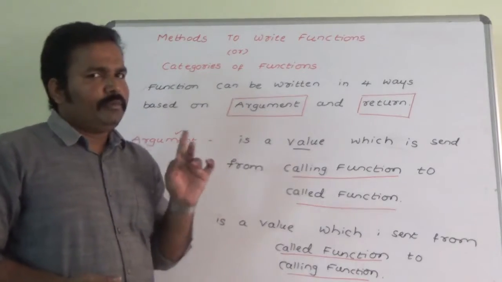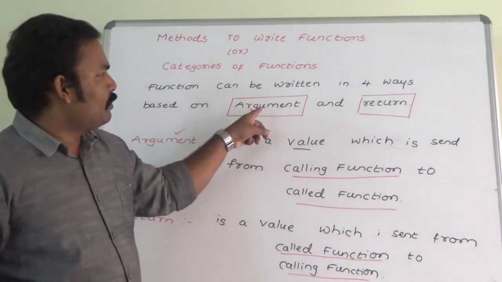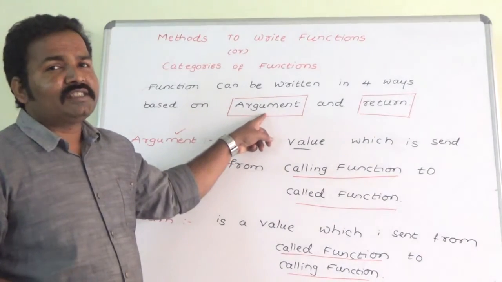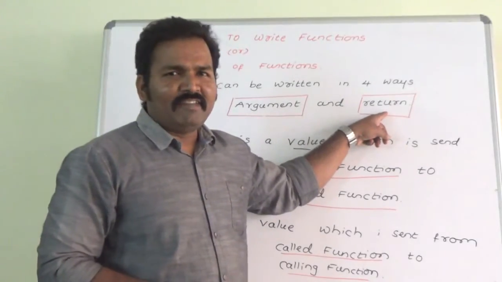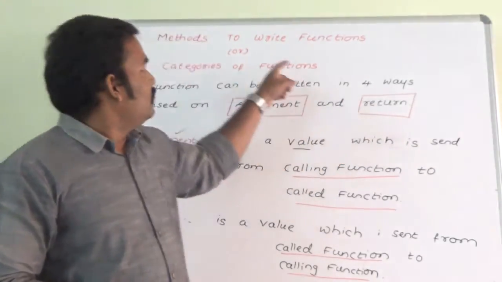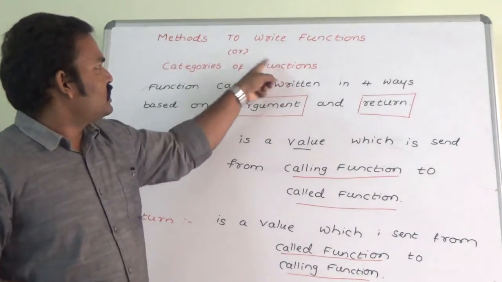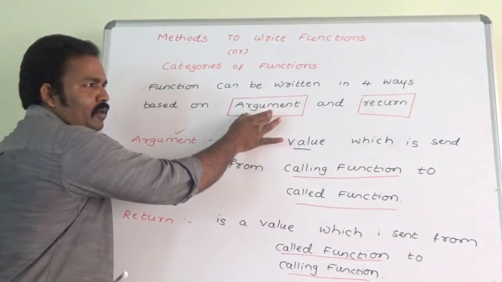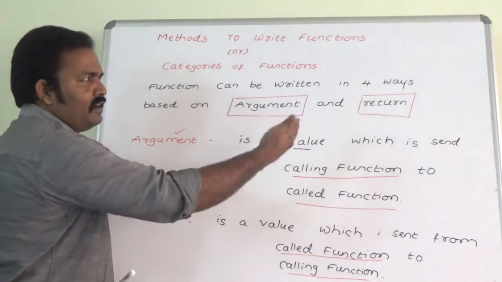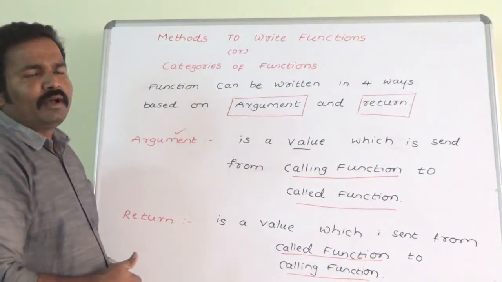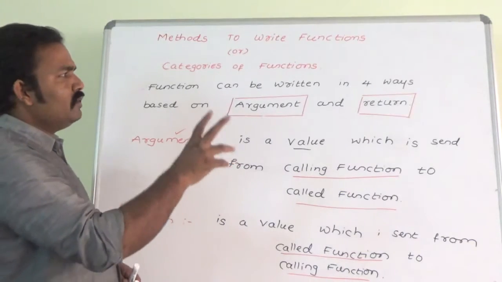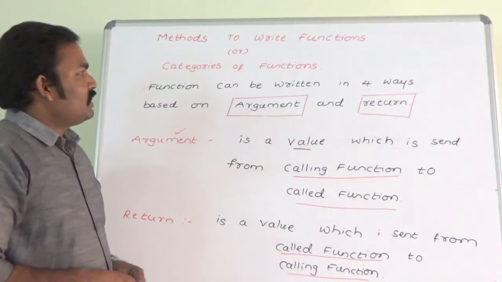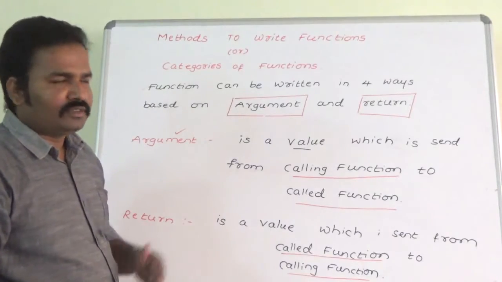So based on or depending upon passing arguments and returning value, functions are categorized into four types. So what are the four types of functions? So we will see.